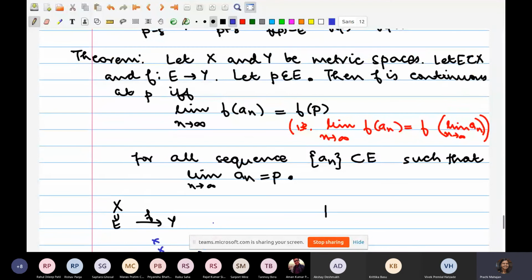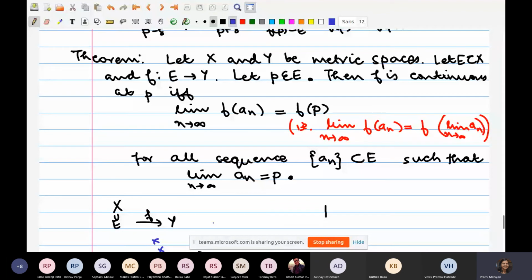Is this okay? Yes. We did this in terms of limits in all its gory details when we were discussing the limit of a function.